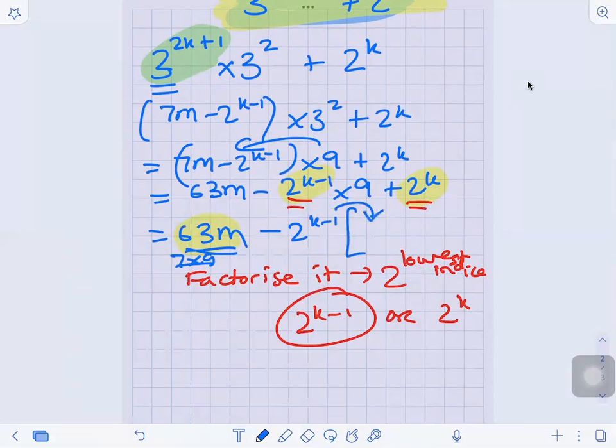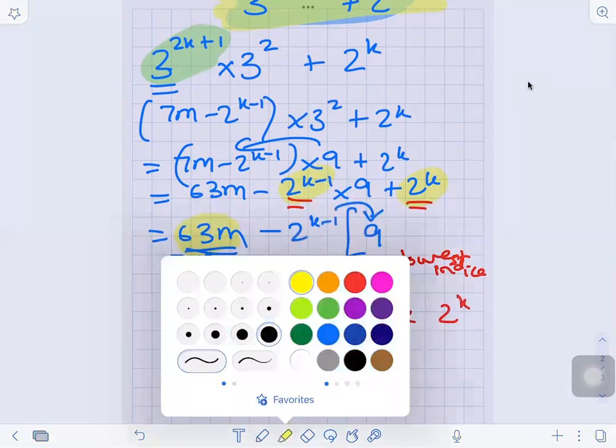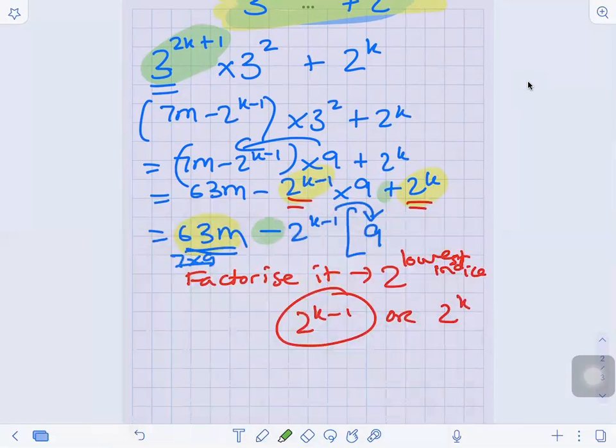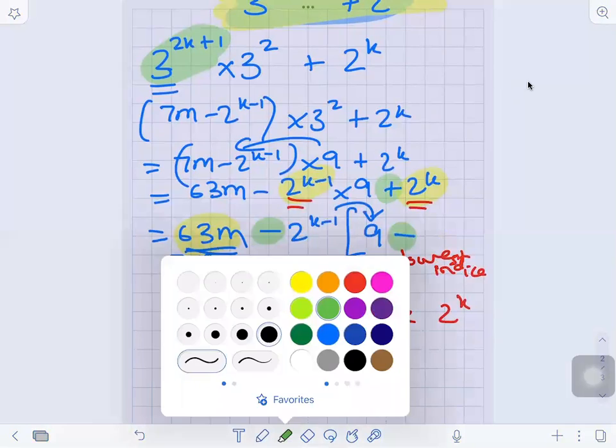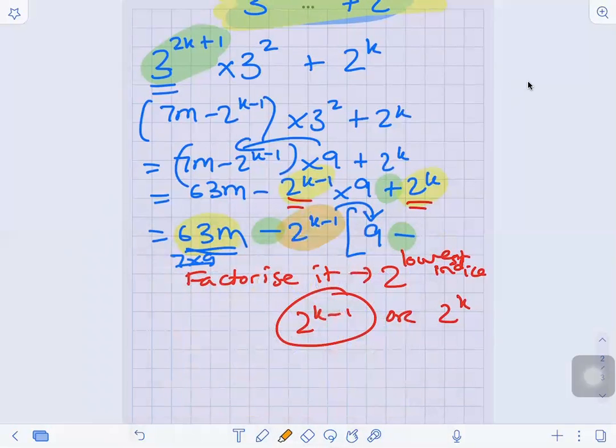What would be left? 2 to the k minus 1 times 9 is left. You've also got to be careful that if you take a minus out, the sign inside will change to a minus, because a minus times a minus is a plus.